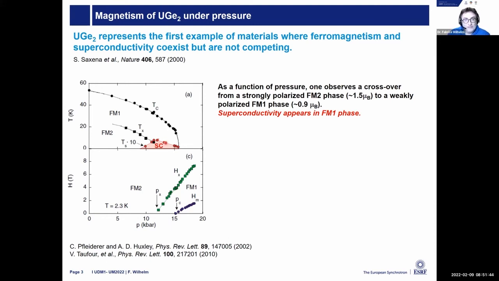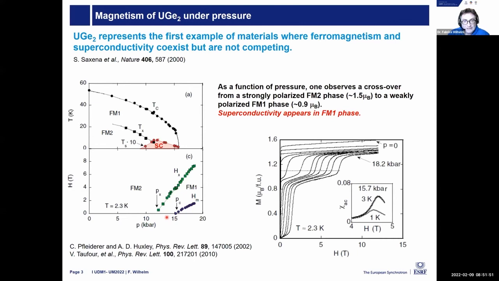Now we can also see that this crossover is not only observed as a function of pressure or temperature. If we go now to 14 kilobar, so it's 1.4 gigapascal, we can also observe a crossover as a function of the field. If one starts with a small field, we are in the ferromagnetic phase 1, which is a weakly polarized magnetic phase.